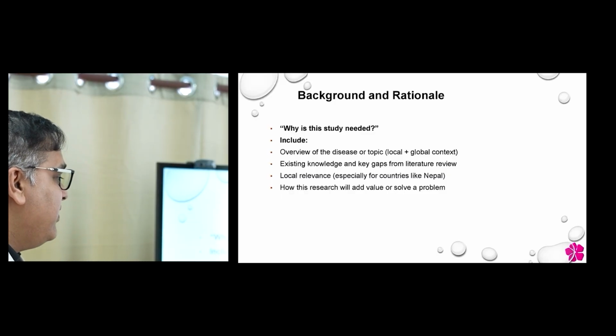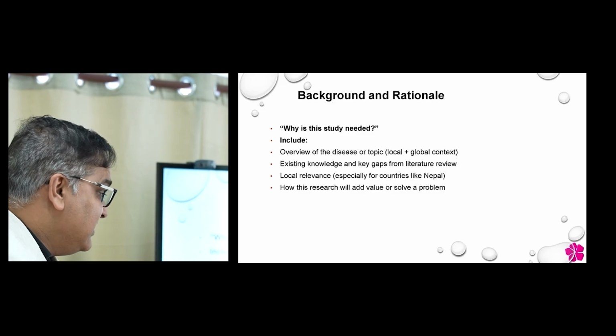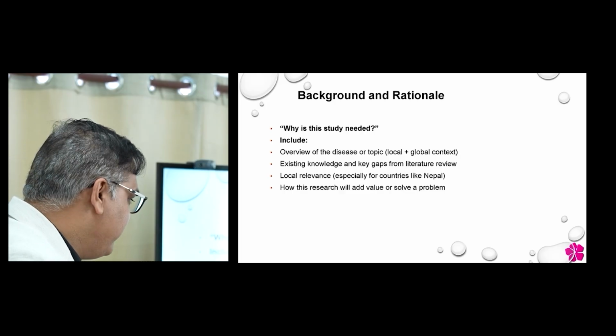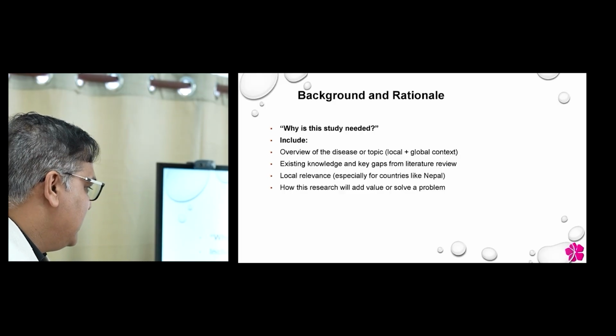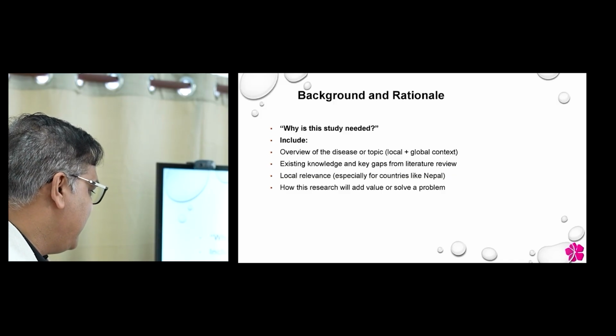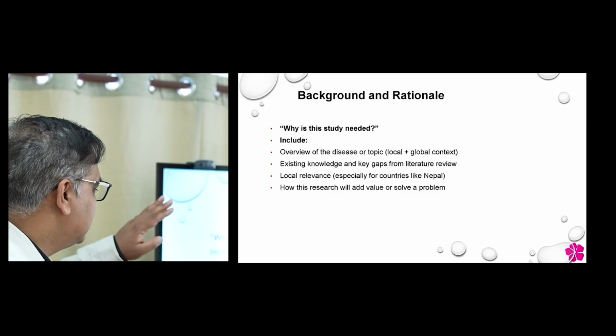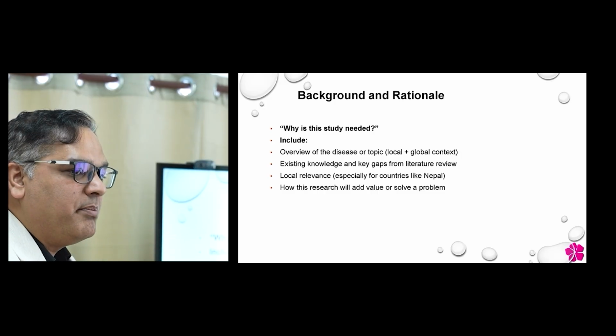It includes an overview of the disease or topic, local plus global context, existing knowledge and key gaps from the literature review, and local relevance, especially for countries like Nepal. We have talked about that in detail. Now, how will this research add value or solve a problem? All of this should be included in the background or rationale.